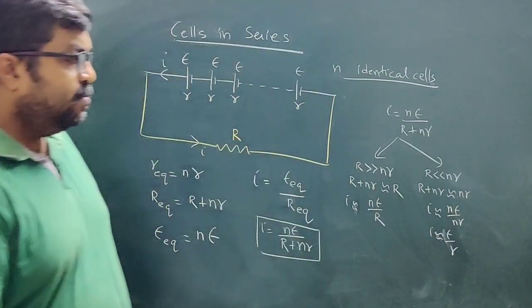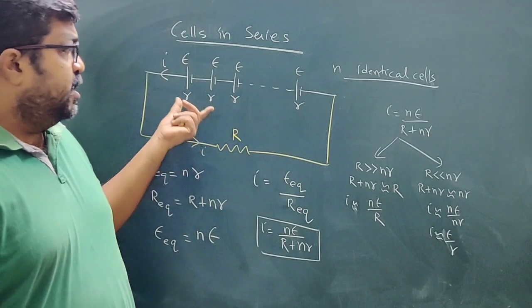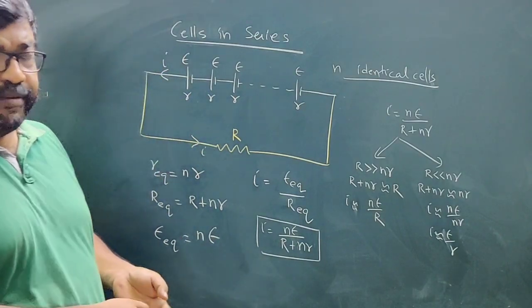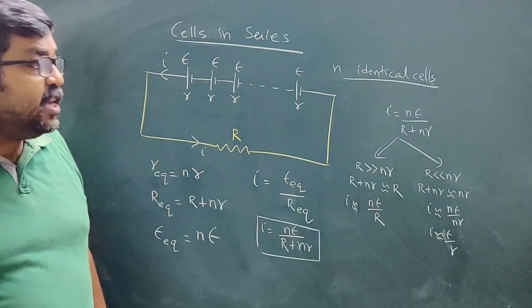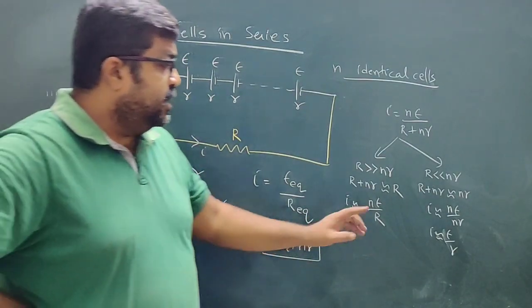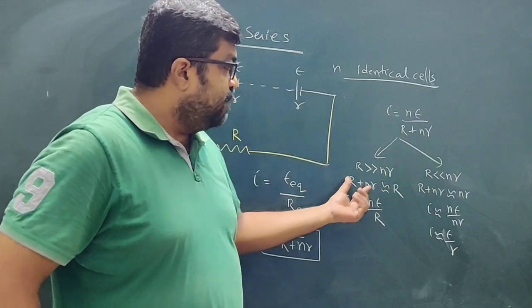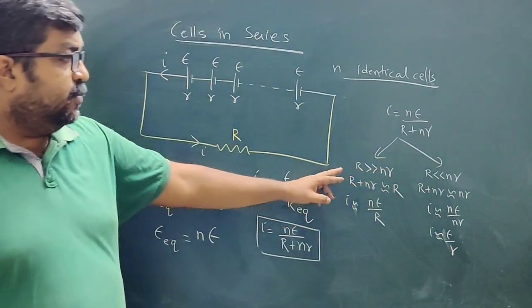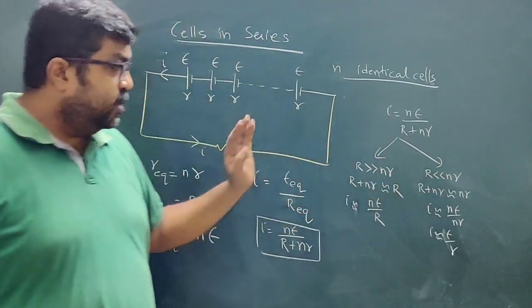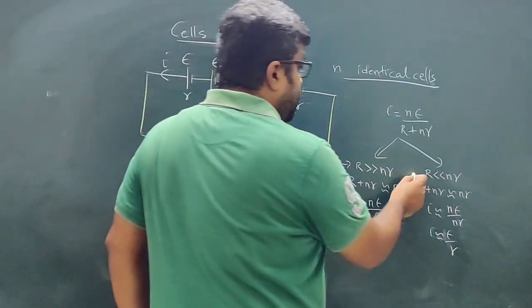So the cells will behave as if only a single cell of EMF E is working. So this is one extremity, and this is another extremity, with regard to the resistances.